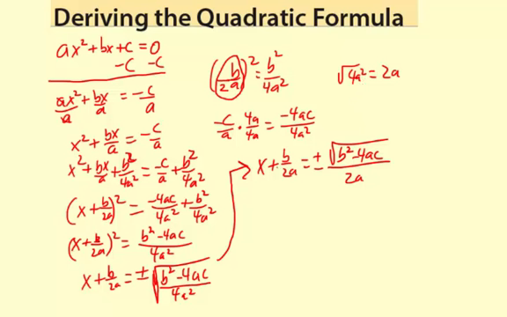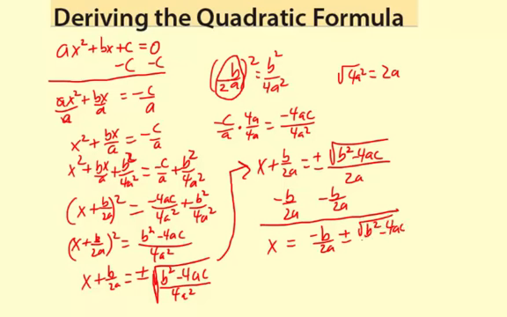Okay, so now to finish this up, I'm going to subtract b over 2a from both sides to solve for x. And that's going to leave x equals negative b over 2a plus or minus square root of b squared minus 4ac all over 2a.